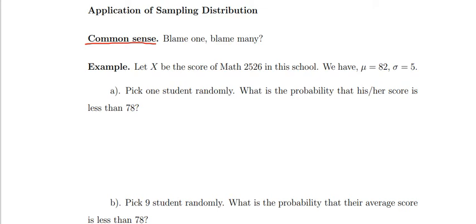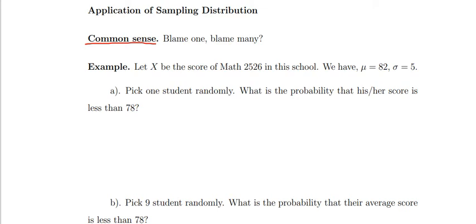Or if we pick one bad guy, the chance is high, maybe. But if we pick a bad group, such a probability should be small. So let's confirm those things with this example.